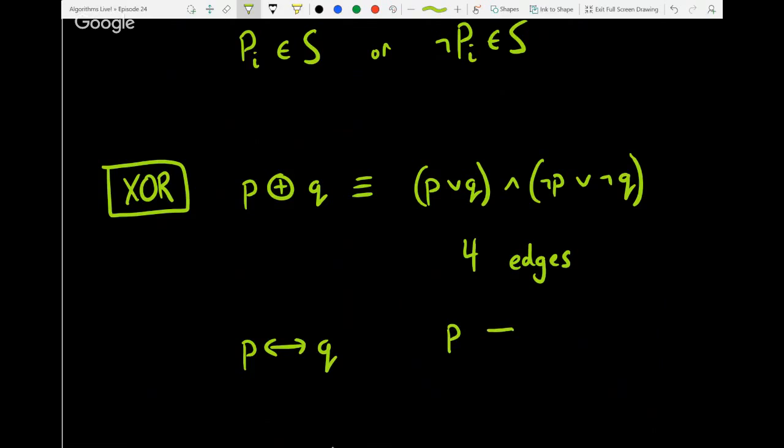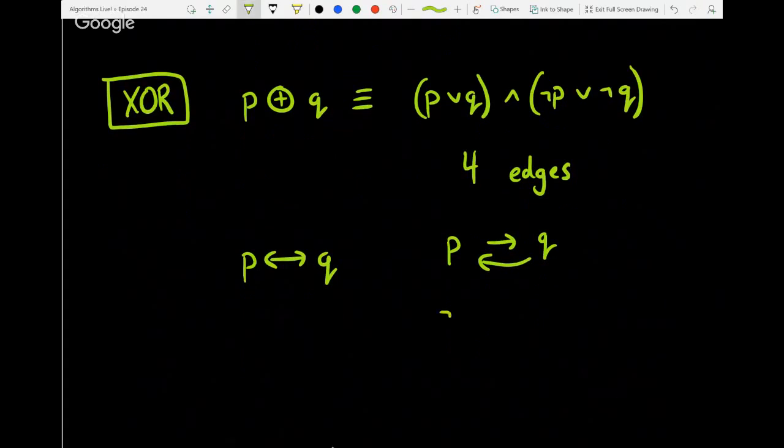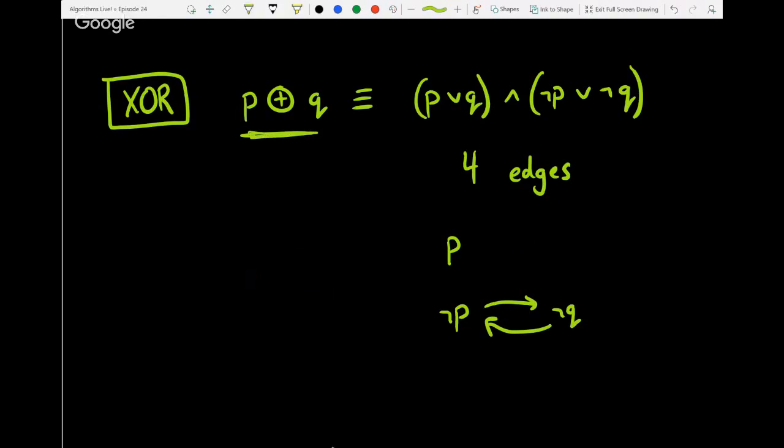You'd have P implies Q, Q implies P. Those are edges in our graph. Not P implies not Q, not Q implies not P. And so then you have a way of setting values to be equal to each other. This will set them to be opposite. This will set them to be the same. And you can just add that to your implication graph. It's a very nice trick.